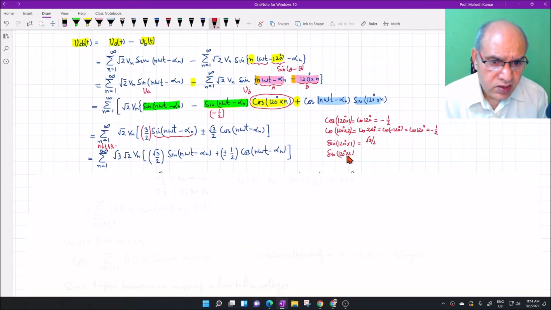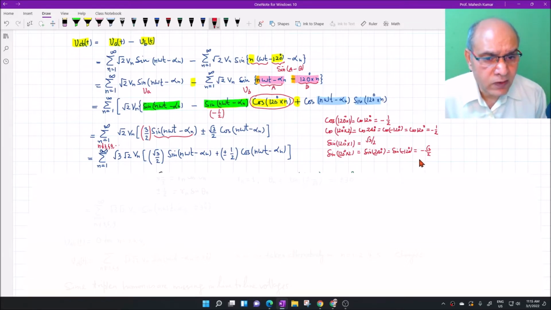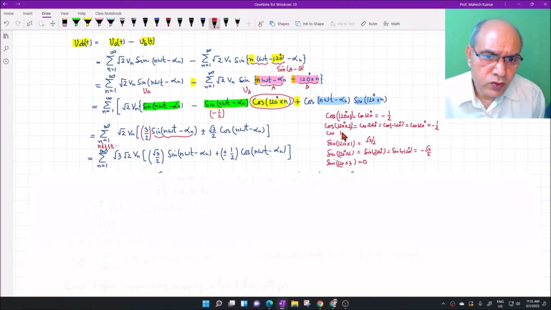What is that? Sin 240, which is the same as sin of minus 120, which is the same as minus root 3/2. So you see the sin of 120n changes from plus root 3/2 to minus root 3/2 as n proceeds. Sin of 120 into 3 equals 0, and cos of 120 into 3 equals 1.